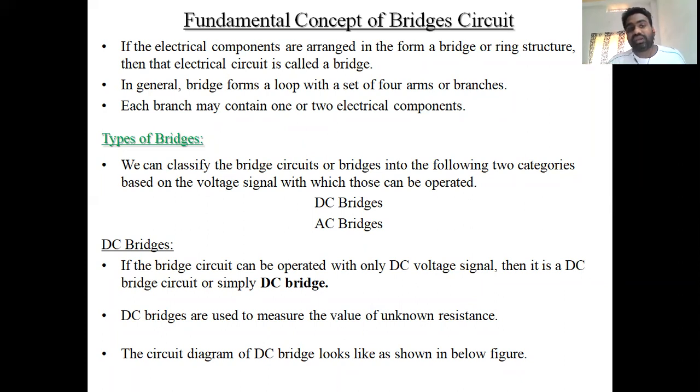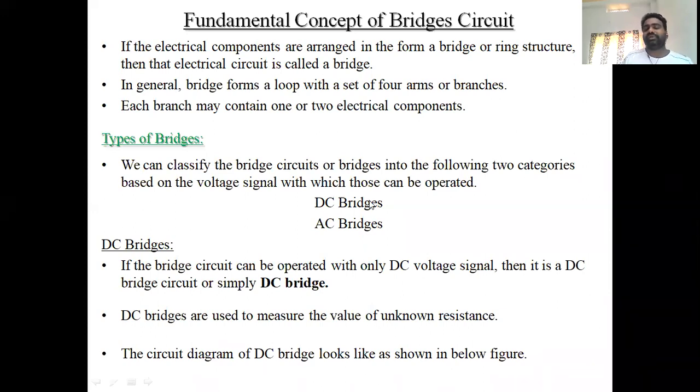Every branch or arm will have one or two electrical elements. If we classify the bridges, overall they can be classified into two types depending upon the operational parameters: the first is DC bridges and the second is AC bridges.